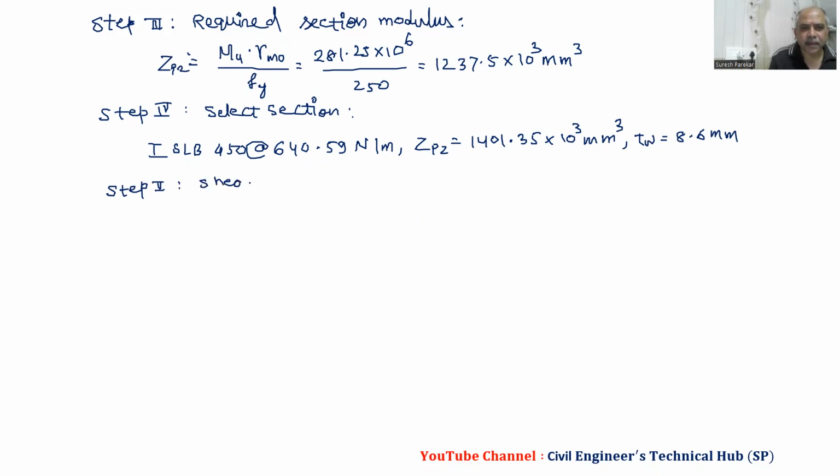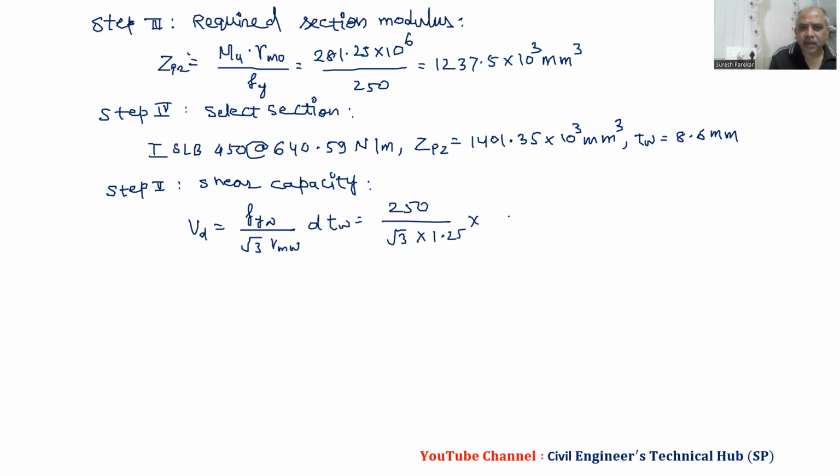Now step 5 first, shear capacity. We have Vd equal to fyw upon root 3 gamma m0, into d into tw. So 250 upon root 3 into 1.1 into 450 into 8.6, and it comes 507.81 kilonewtons.